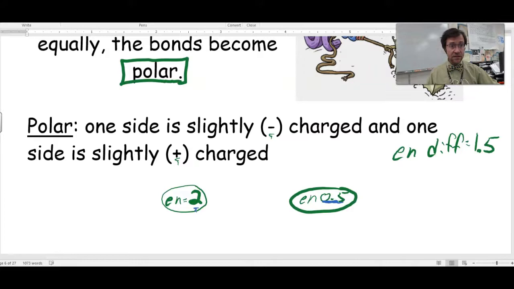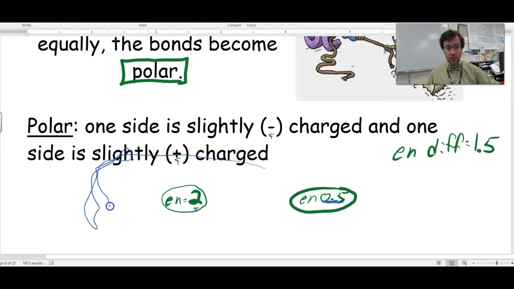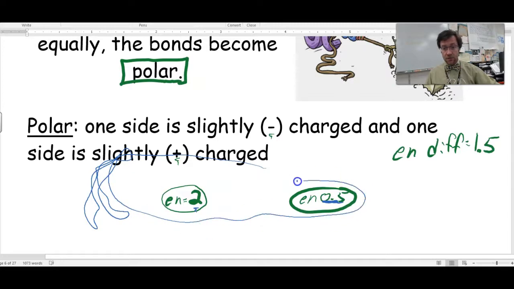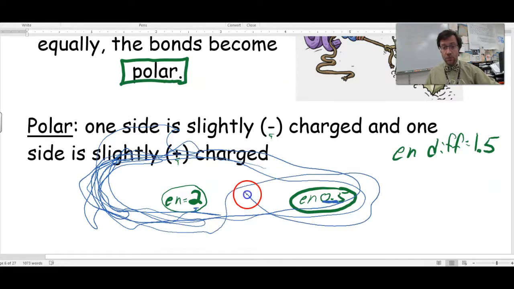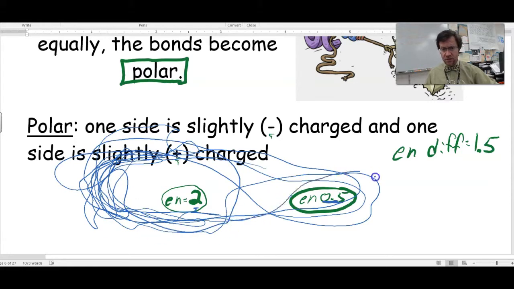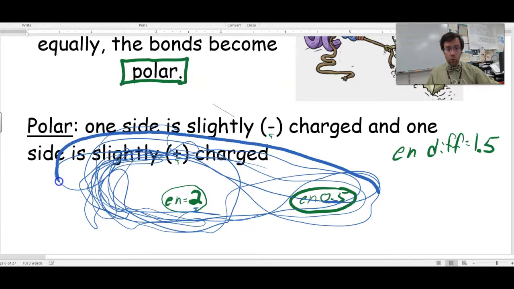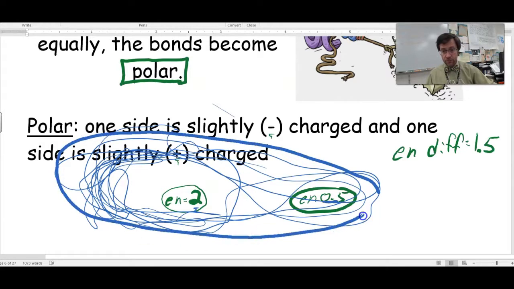What happens is the electrons spend way more time over here than they do over here, because this side has a much stronger pull on them. So they come over here, but not too much. They spend a lot more time over here. And you can see that this whole thing becomes blobbed over to one side way more than the other.